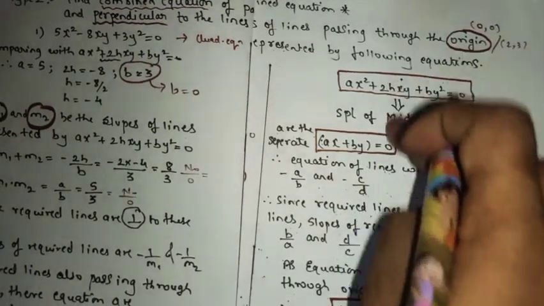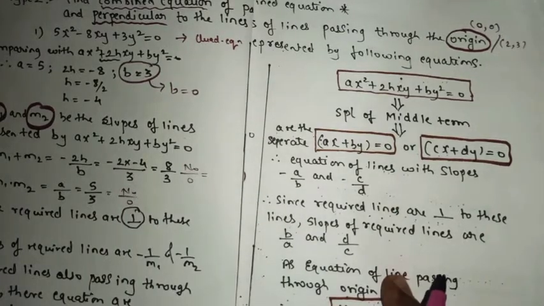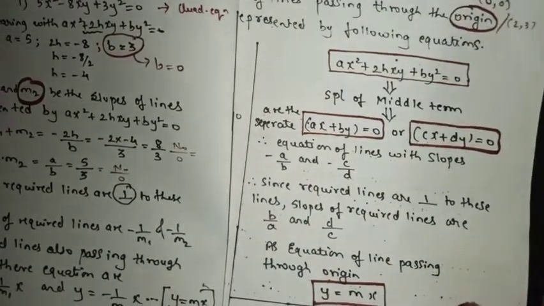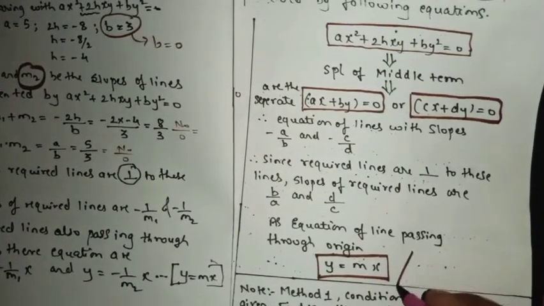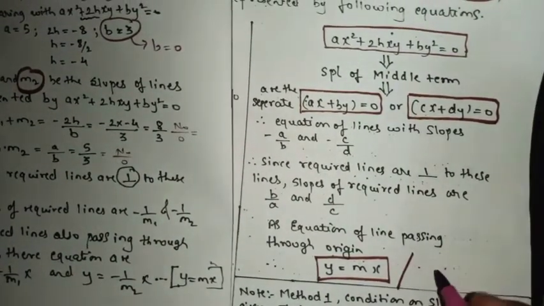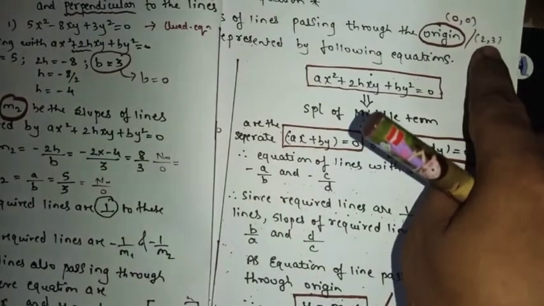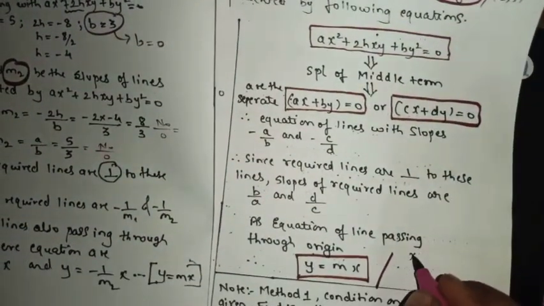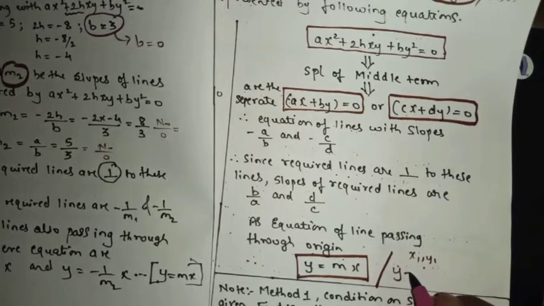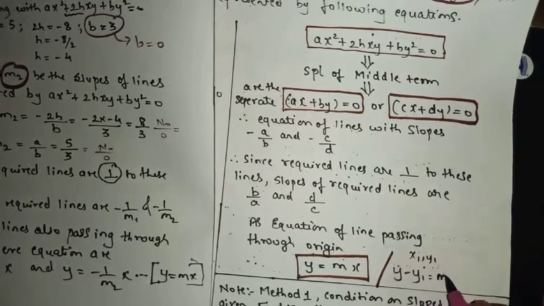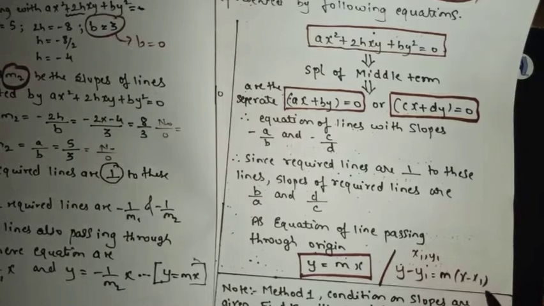Still we can apply this method, but we know that for origin the formula is y equal to mx. But when it is passing through a point x1 y1, the formula will change. The formula will be y minus y1 equal to m times x minus x1.